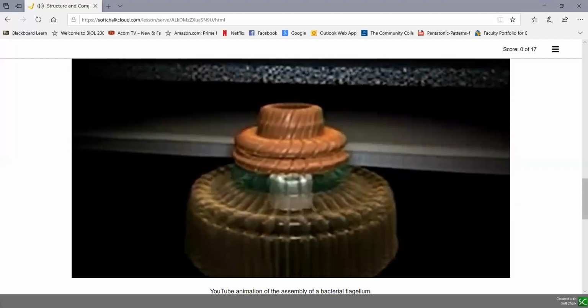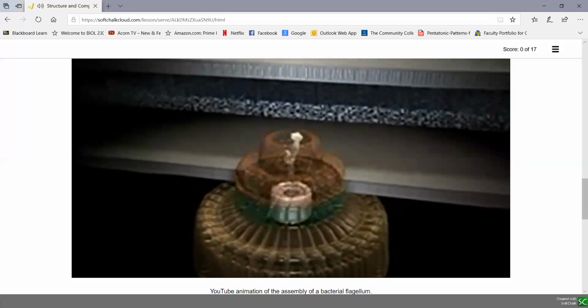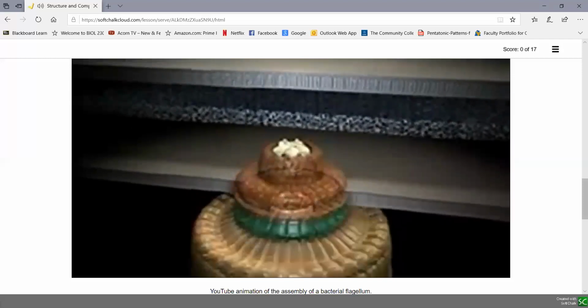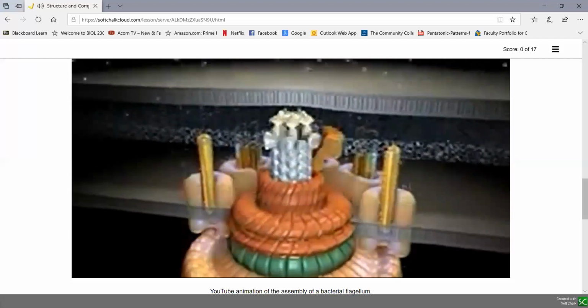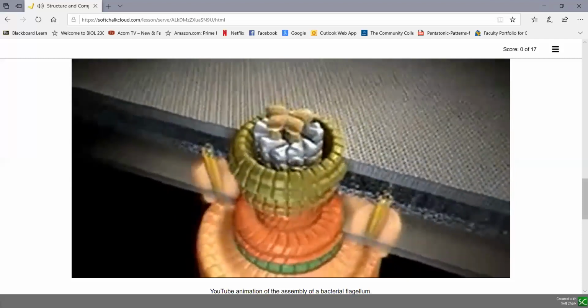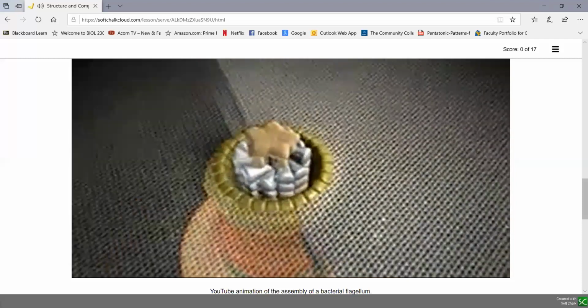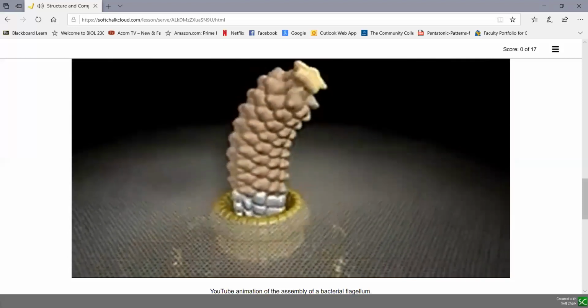And that's part of the basal body. And then the rod is synthesized by proteins coming up through the motor. And then the hook is assembled to the rod.